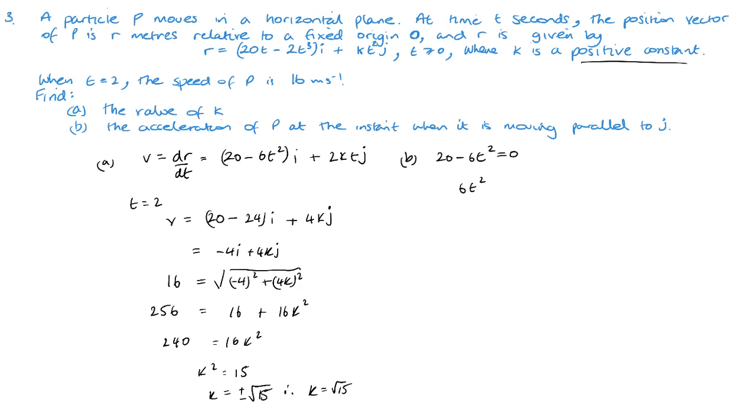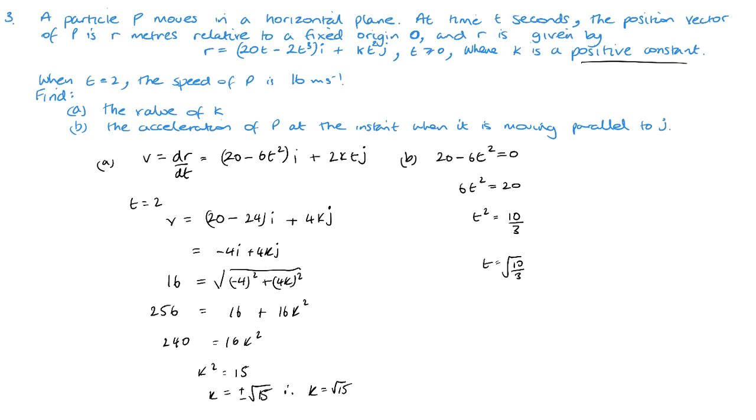So 6t squared equals 20. So t squared will be 20 divided by 6, or 10 over 3. t equals the square root of 10 over 3, obviously just the positive as time is only positive.